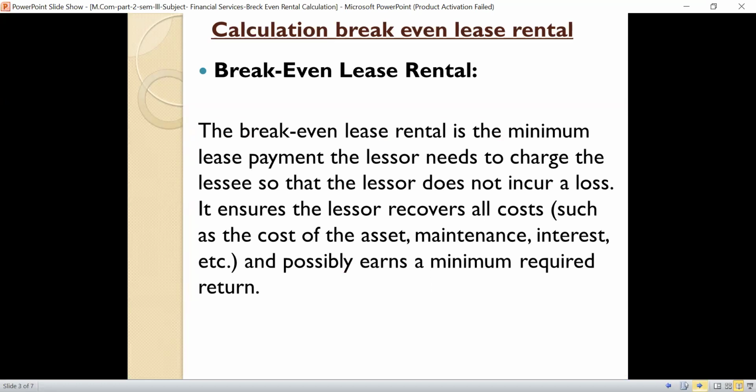It makes sure that the lessor covers all their costs, like buying the assets, maintenance, and the interest, and maybe even makes a small profit. In simple terms, it's the rent that keeps the lessor from losing their money.